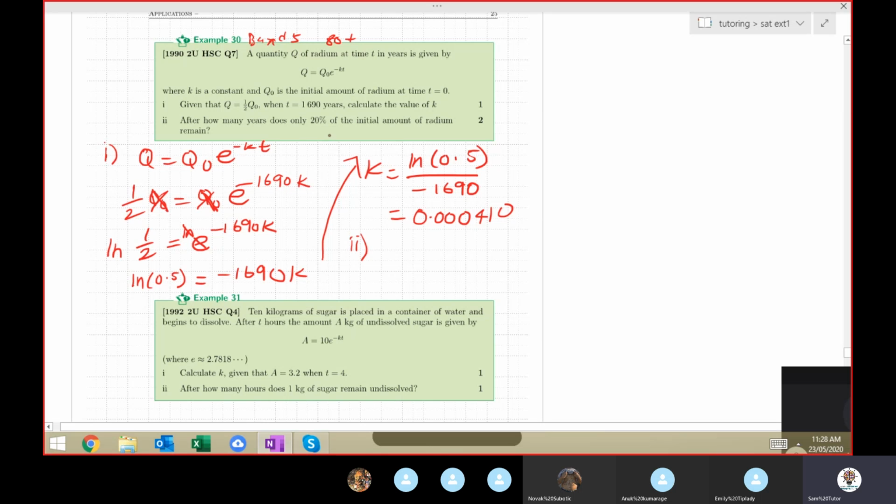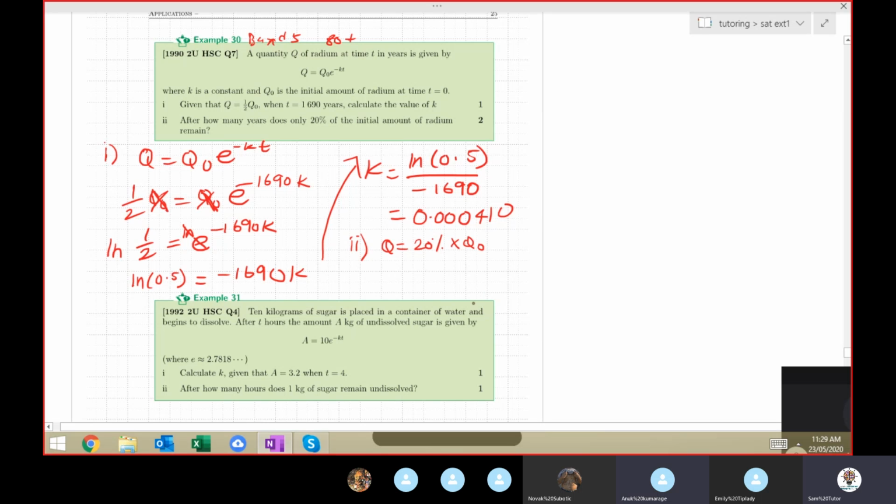After how many years does only 20% of the initial amount of radium remain? All right, what letter are you looking for? It asks for after how many years, so we're looking for T, right? And 20% of the initial amount. So what does Q equal to? The amount of radium. Yeah, so 20% of the initial radium in this case.